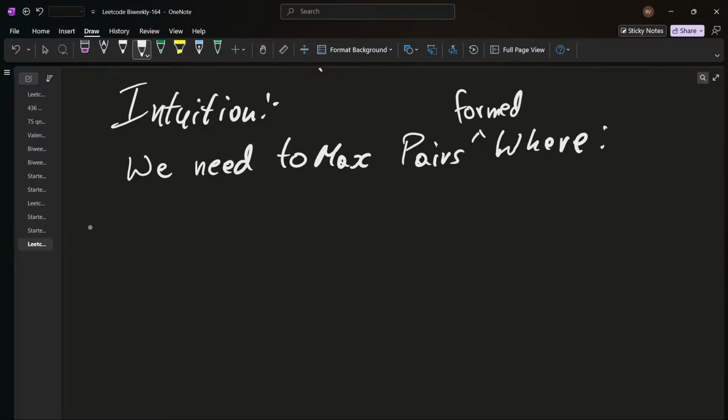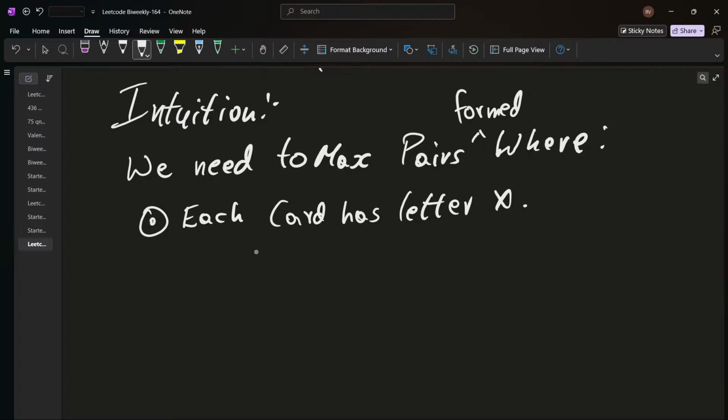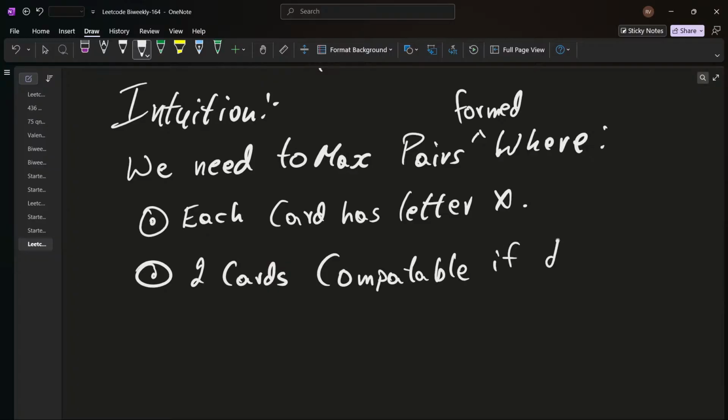Each card has a letter X in it. Two cards are compatible if difference equal to 1. That's all.